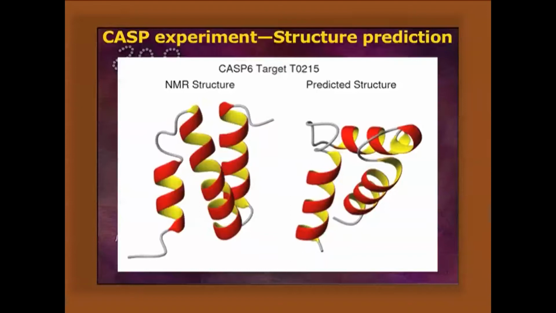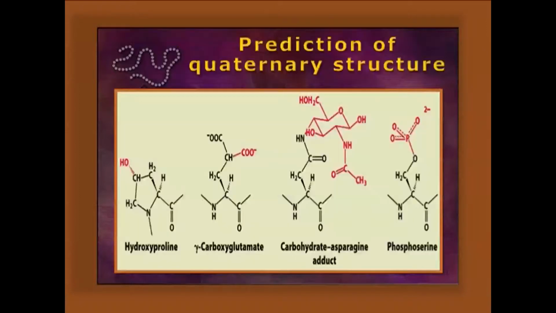Determination can be done by the chemical probing method, and the cusp experiment helps to predict the quaternary structure. Apart from this, some sort of covalent modification is actually needed after or during the course of folding, like the presence of hydroxyproline in collagen and gamma carboxyglutamate in prothrombin, important for blood clotting.